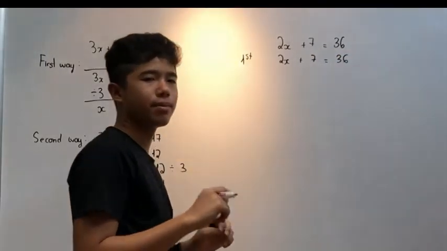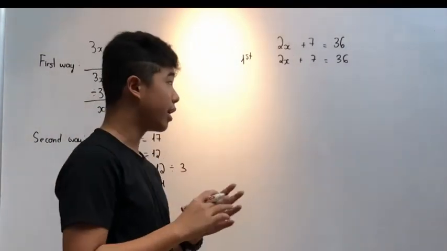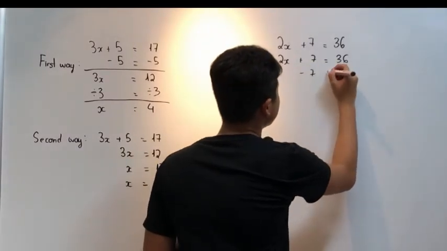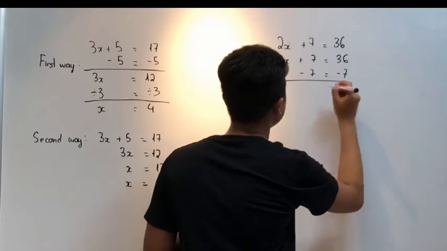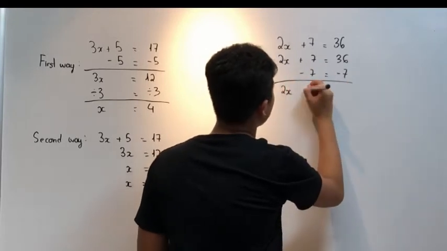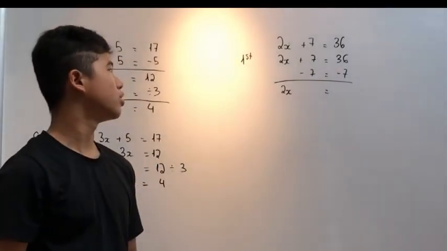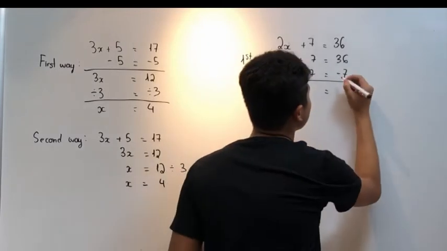We want to get rid of the 7 first. Always, whatever number stands alone, get rid of that. Minus 7. This one also minus 7. This one will be 2x equal to 36 minus 7, which is 29.